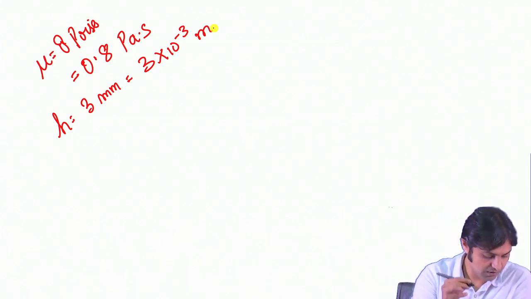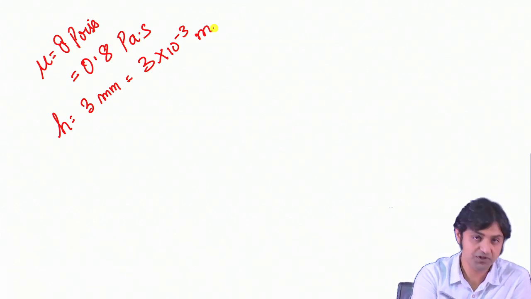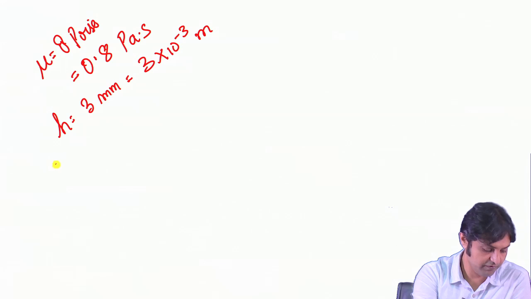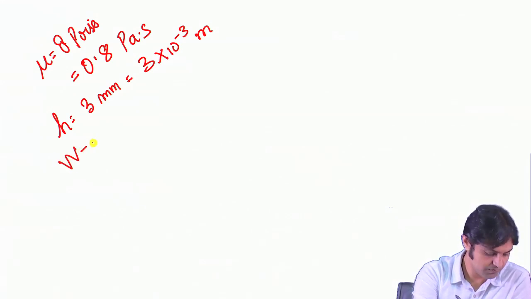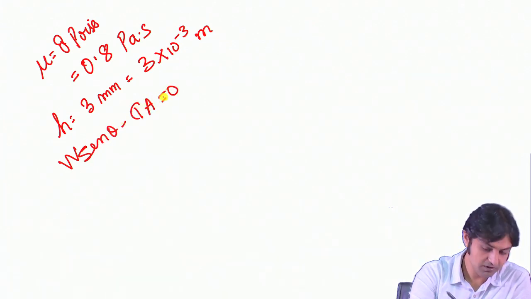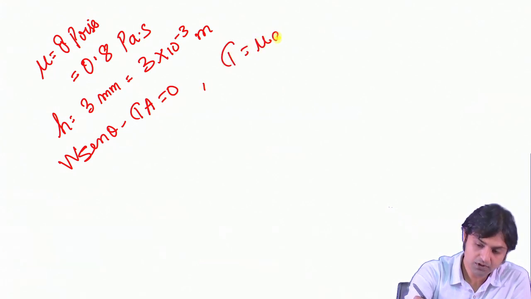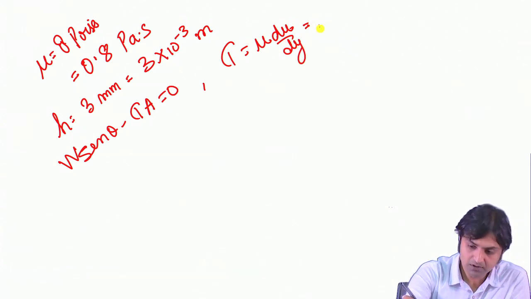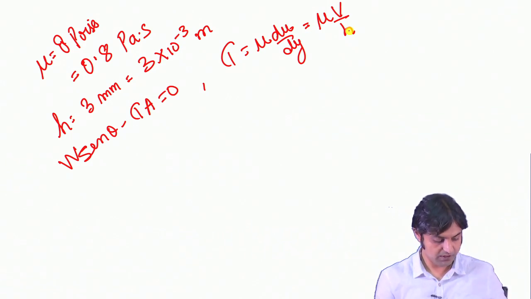So what I am going to write down are some of the important equations that we have seen in the previous white screen. One of the equations was W sin theta minus tau A is equal to 0, and tau is equal to mu du by dy is equal to mu v by h.